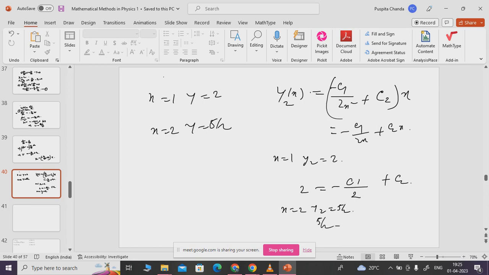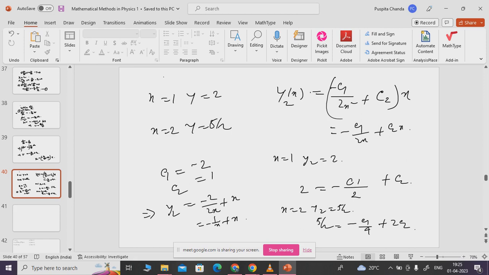So 2 is equal to minus c1 by 2 plus c2. And when x is equal to 2, y is equal to 5 by 2. So 5 by 2 is equal to minus c1 by 4 plus 2c2. From these equations we will get c1 and c2, which are minus 2 and 1.